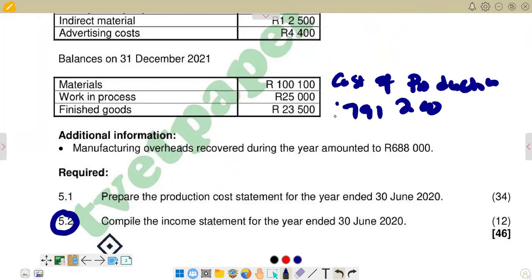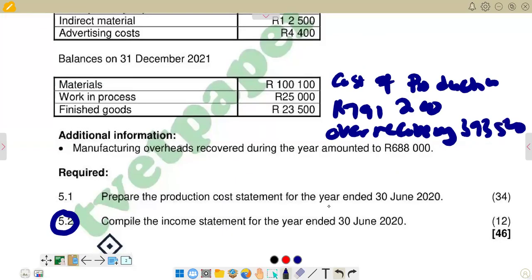And for the over recovery, we found in the production cost statement an over recovery of 393,500. So basically, we are going to use these two figures in the preparation of the income statement.